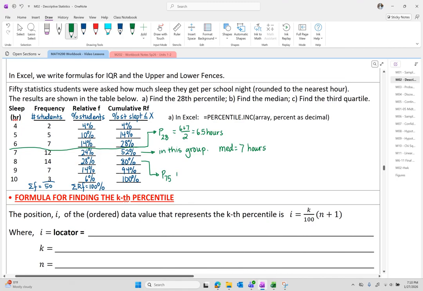Then that will be in the group that I had less than 75% before it, and as soon as I collected the values in that group, I surpassed the 75%. Therefore, P75 will be the data value that corresponds to the group that surpassed the 75%, and that will be 8 hours.